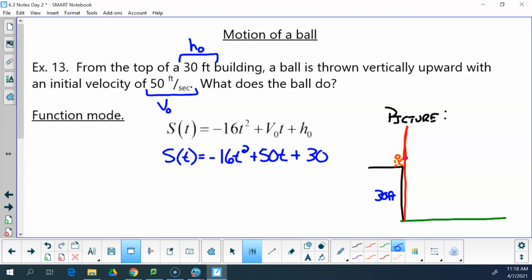So we have that function to tell us the height of our softball.